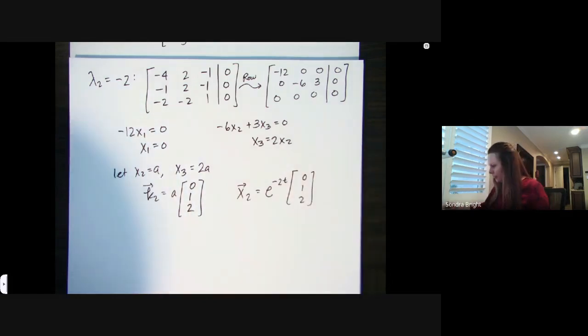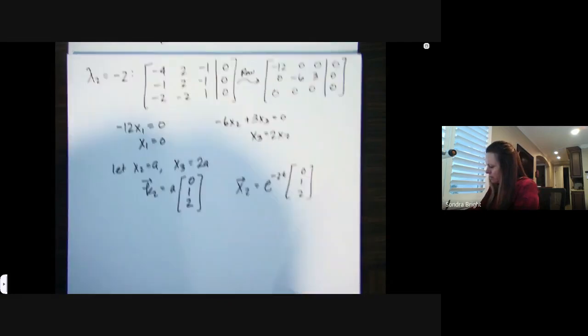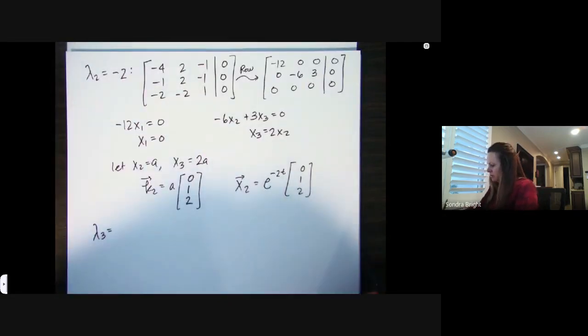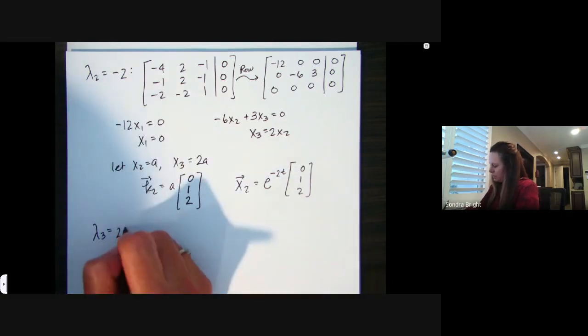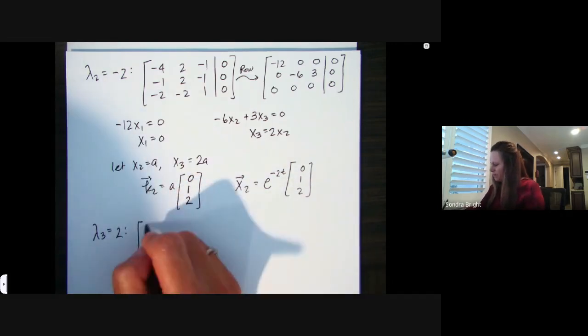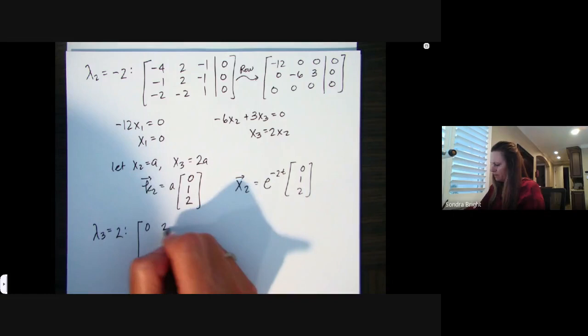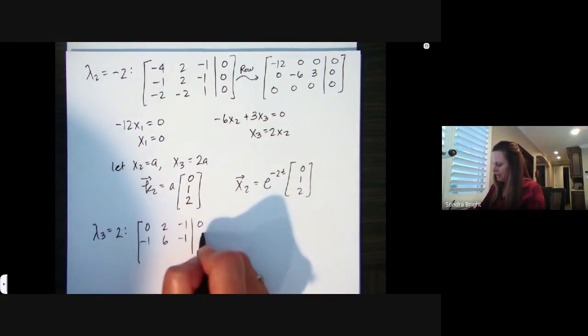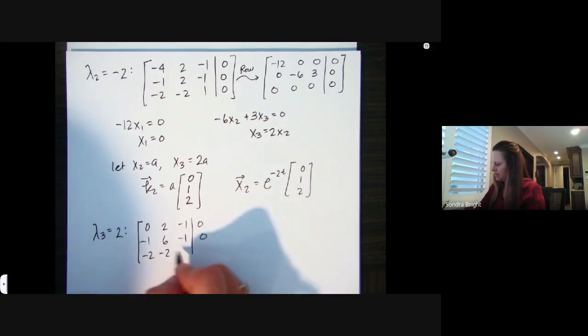All right. The third eigenvalue was positive 2. When I plug that in, I've got 0, 2, negative 1, 0, negative 1, 6, negative 1, 0, and negative 2, negative 2, 5, and 0.